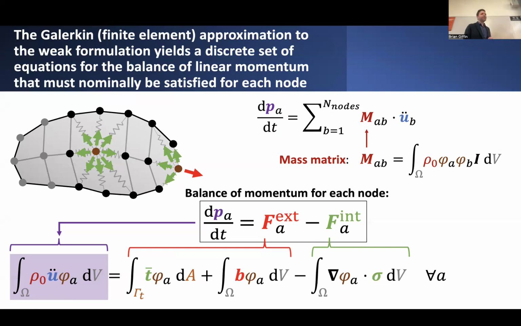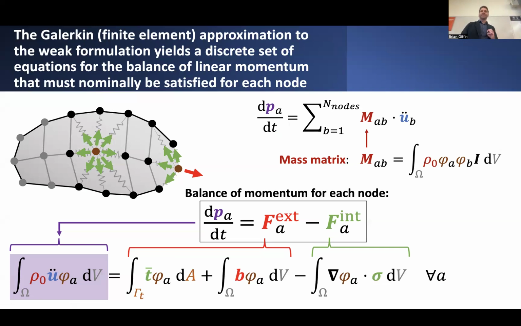And if we wanted to go one step further, we could say that this time rate of change of momentum can be expressed not just in terms of this funny integral expression, but if we make a few substitutions, we can transform this representation into something that looks like some matrix, which I'll call M, times the individual nodal accelerations, the U double dot sub B, if B is one of the indices of the nodes.